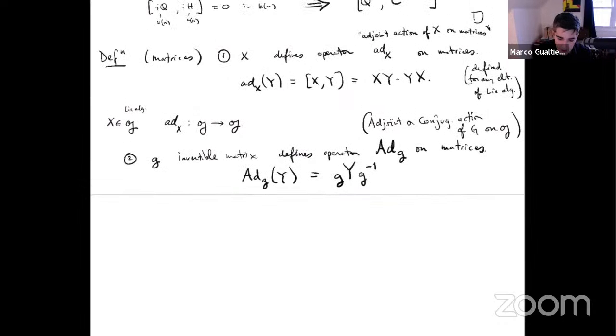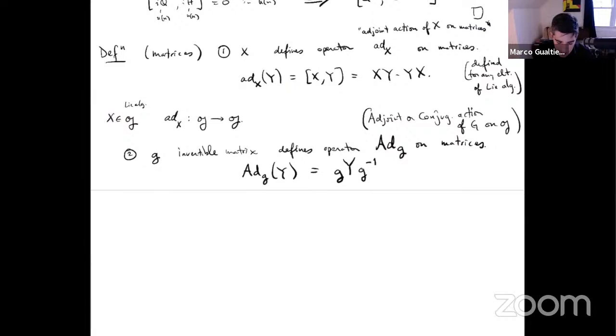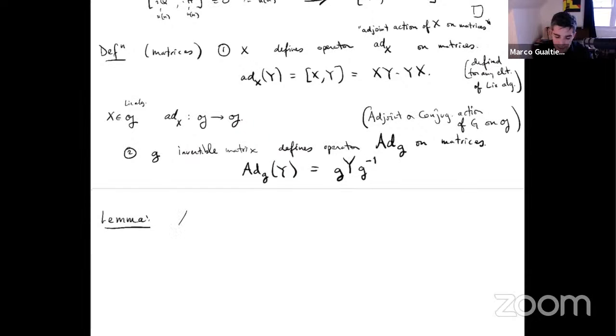Okay, and there's a nice lemma which relates these two. It's saying that big Ad is related to little ad via the exponential map.